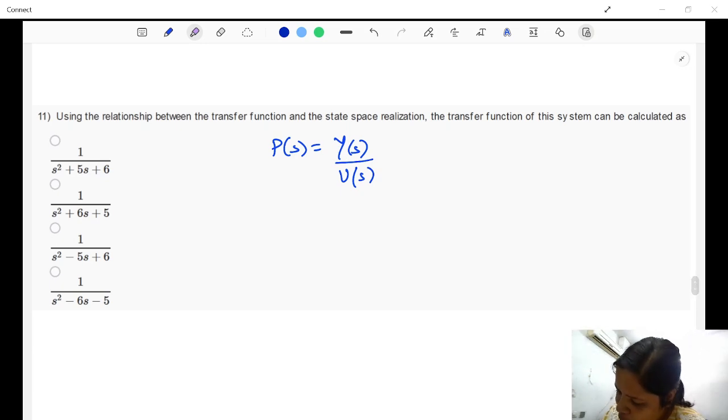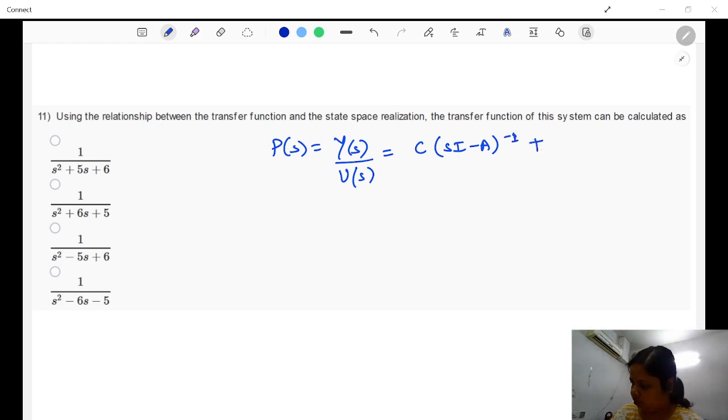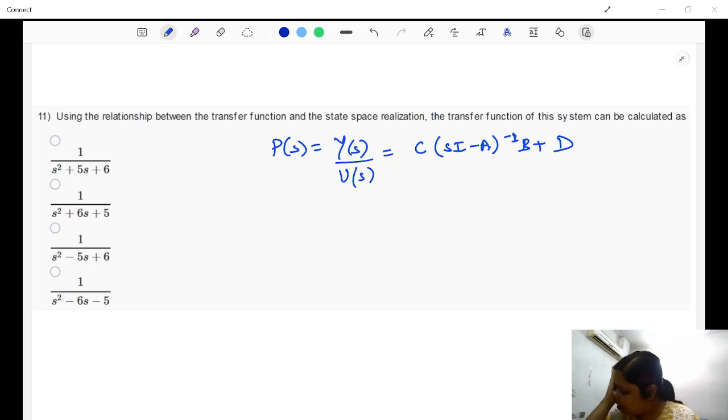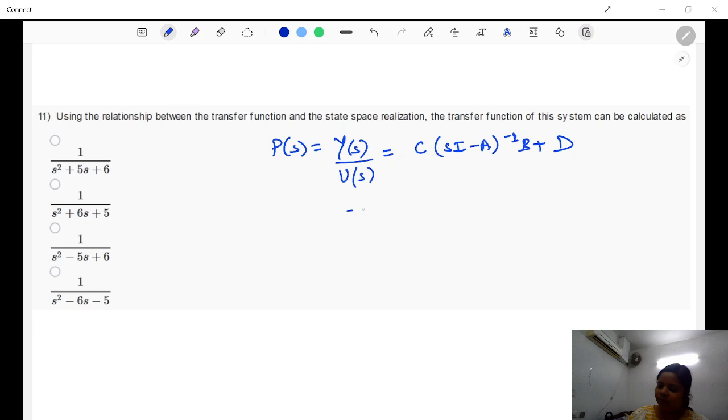Now what I want to do is find C (sI minus A) inverse B plus D. You might have noted what is A, what is B, what is C, I assume, so that you are able to find this. I want an answer to this question, please, where you make the calculations.